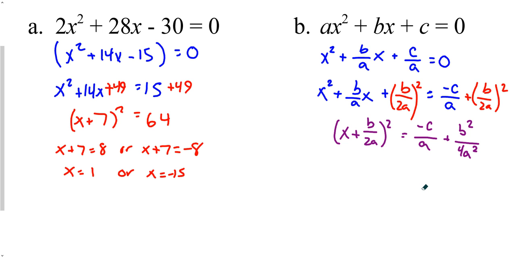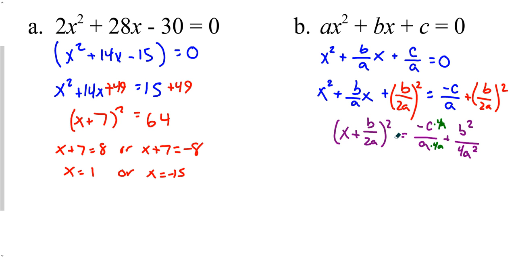And the common denominator here is 4a squared. So what I'm going to do is, and this is legitimately possible, I'm going to introduce a 4a term here and here.